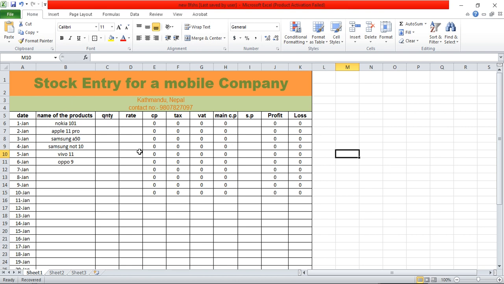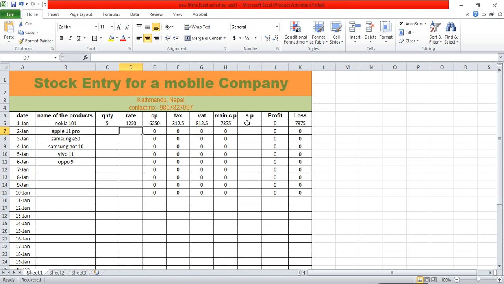Now see here, the Nokia 101 model number, we have bought 5 pieces and the rate is 1250 rupees. Whenever you press enter, see, we haven't given the selling price yet, so it is showing loss in the loss column and 0 in the profit column.